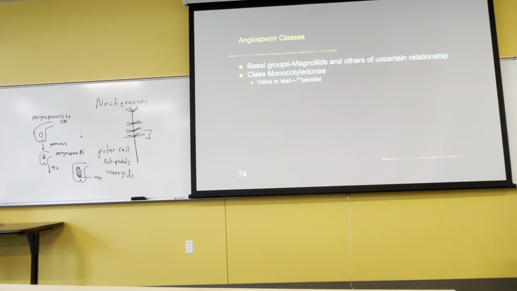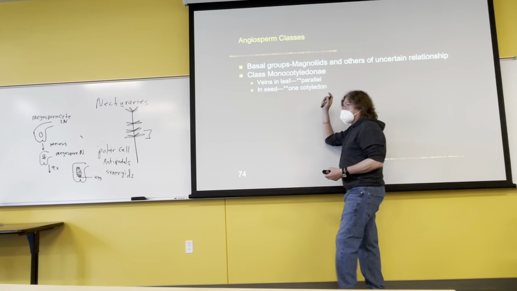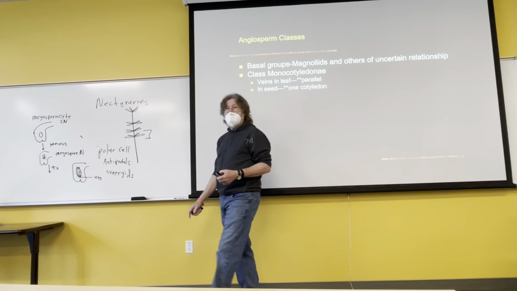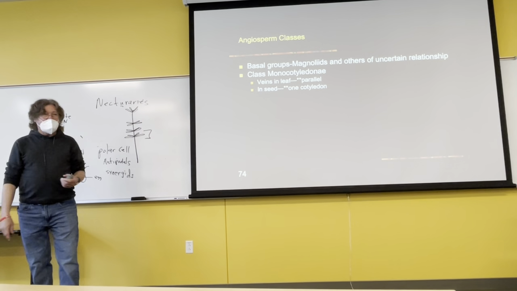So palms, lilies, and all grasses happen to be monocots. Furthermore, in the seed, it only has one cotyledon. An embryo with one cotyledon.